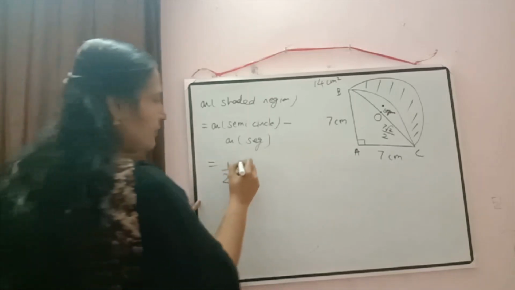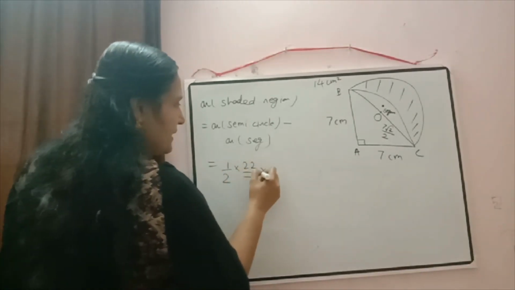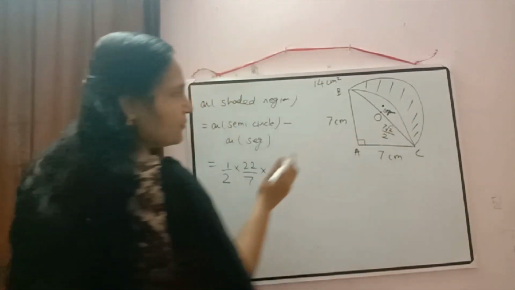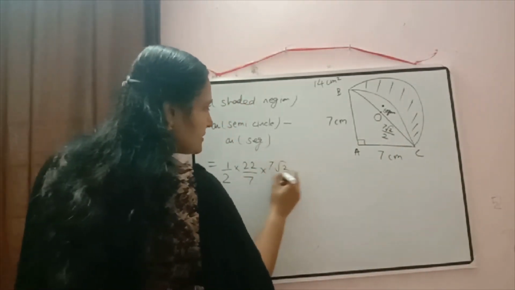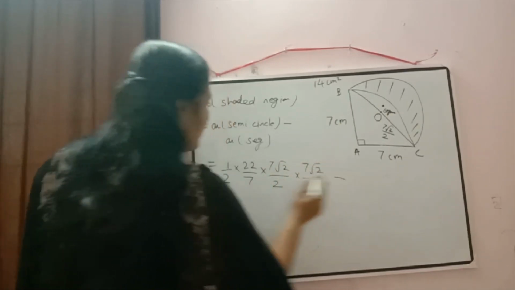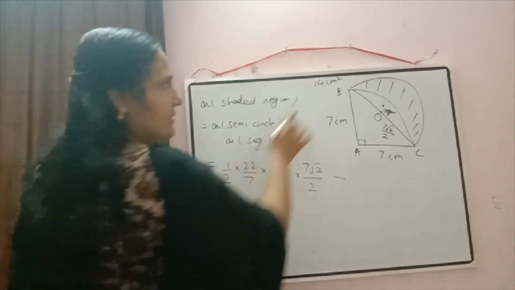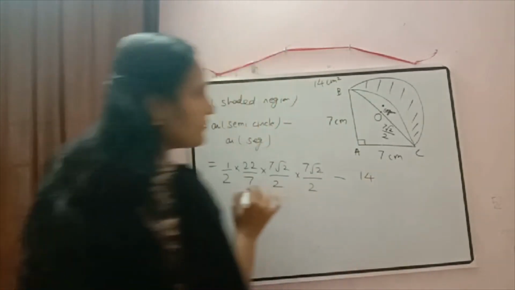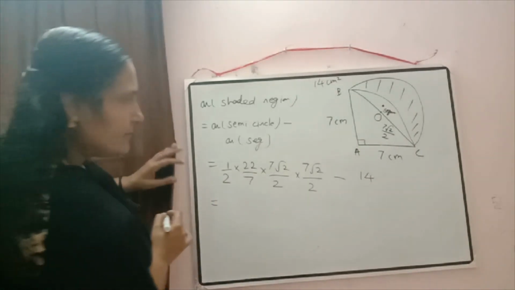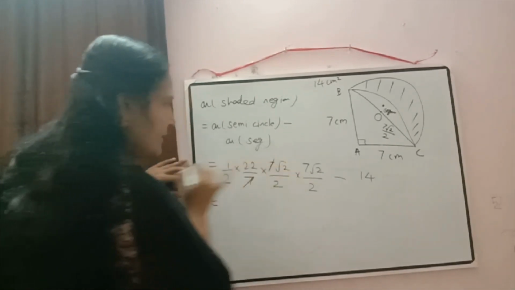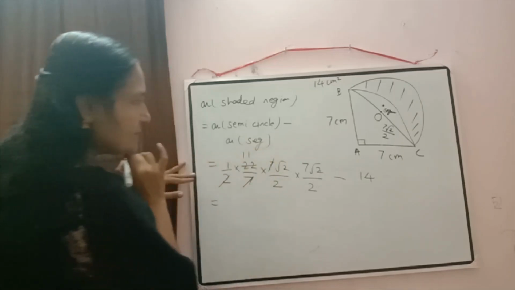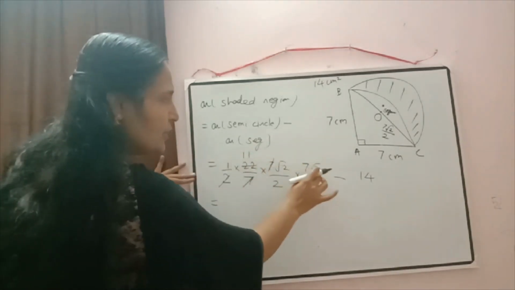So half into the value of pi, 22 by 7, into the radius 7 root 2 by 2 into 7 root 2 by 2, minus area of segment, which we already calculated, that is 14. Now we can check how we can do the cancellation here. Yes, 7 and 7 will get cancelled. Then 2 and 11 will get cancelled. Then root 2 into root 2.